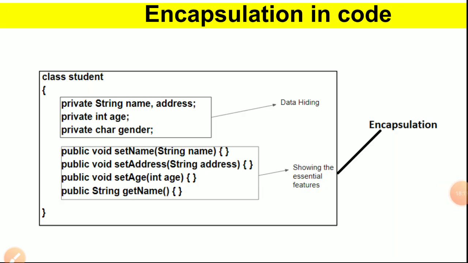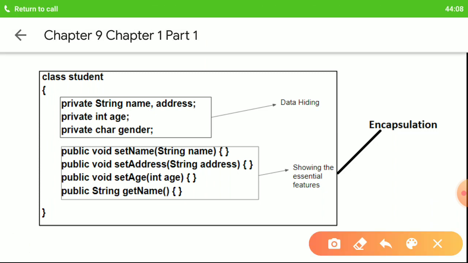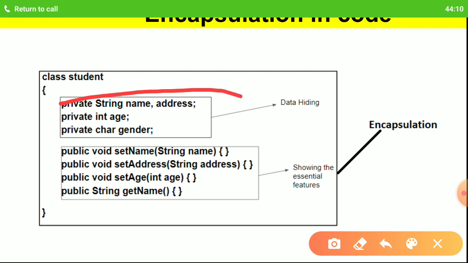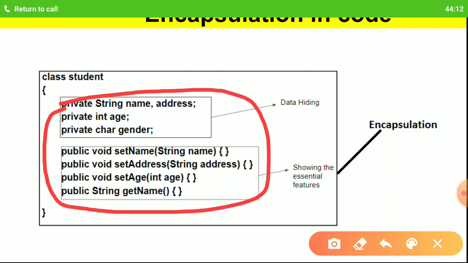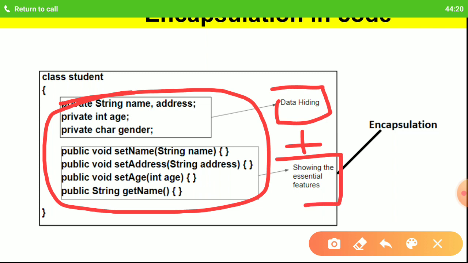Abstraction means hiding the details and showing only the essential features. So abstraction is happening through data hiding plus showing the essential features, right?